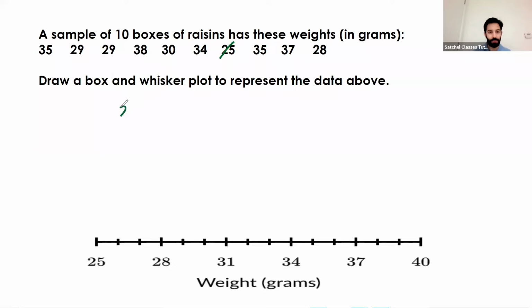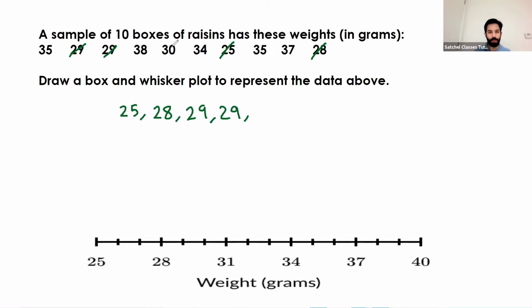Cross it out and write it for yourself, so you know you've dealt with it and you don't end up repeating it. The next smallest value is going to be 28. Again, cross it out, so you know you've dealt with it. Next smallest values are going to be 29 and 29 again. Cross them out, so we know we've dealt with them.